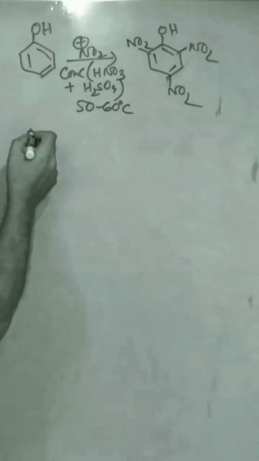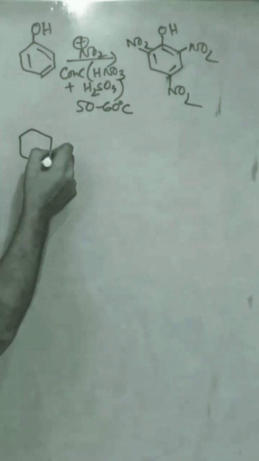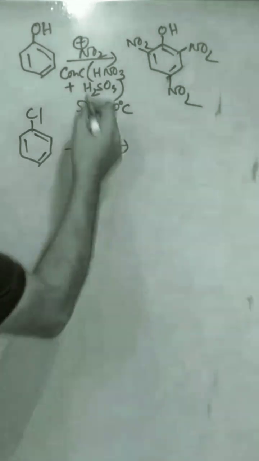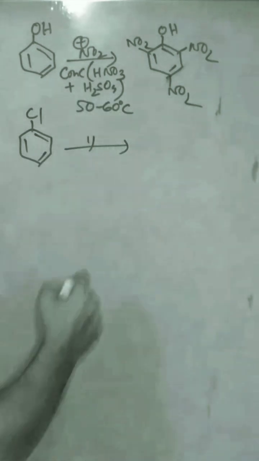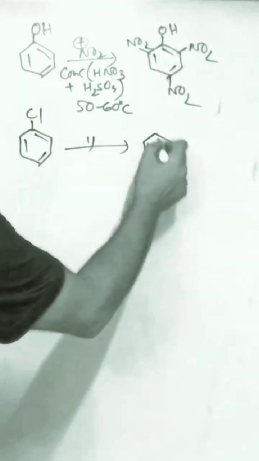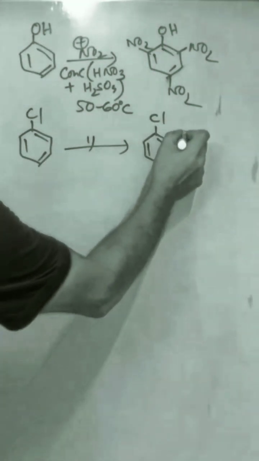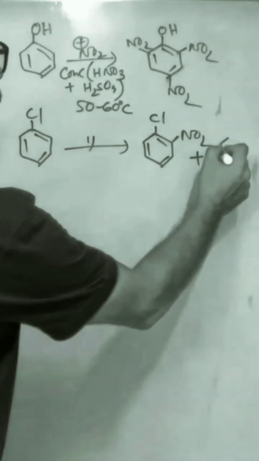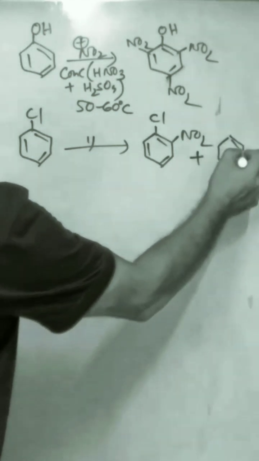But if we nitrate chlorobenzene with the same nitrating agent, the compound formed is a mixture of orthonitrochlorobenzene plus paranitrochlorobenzene.